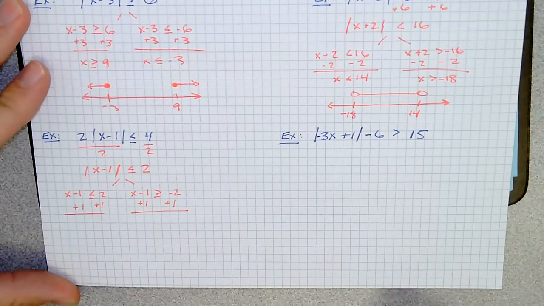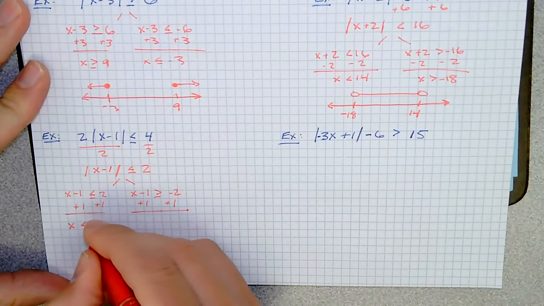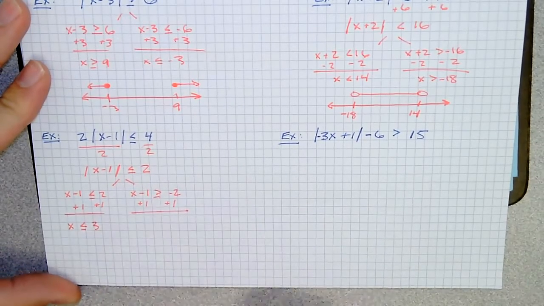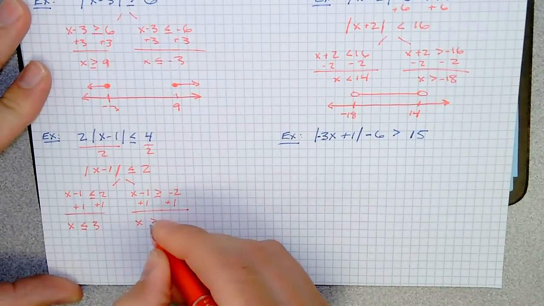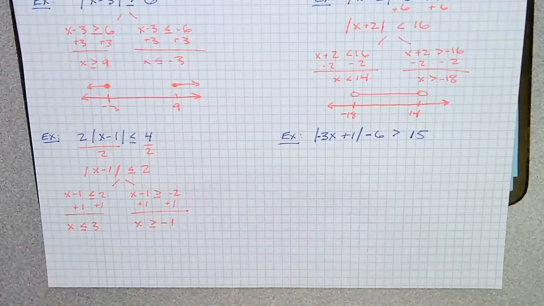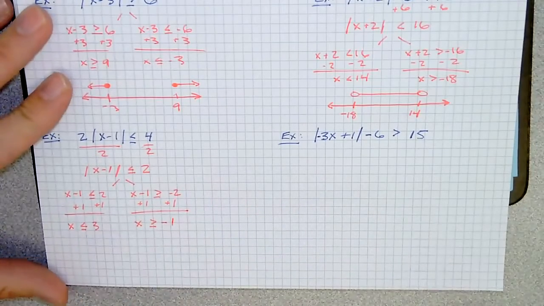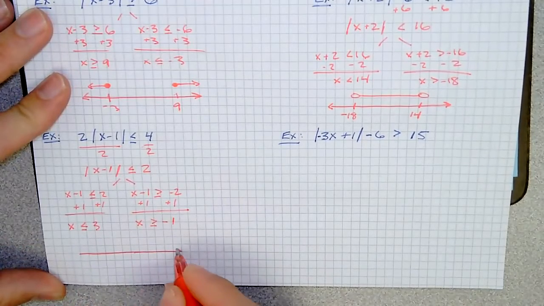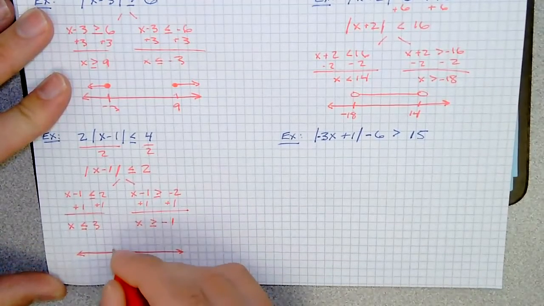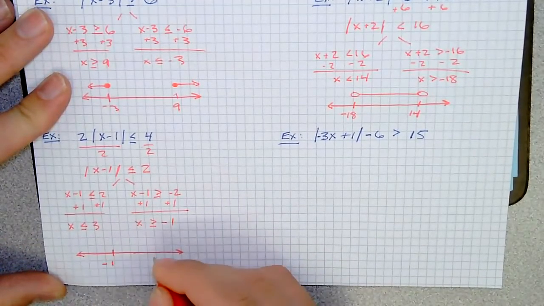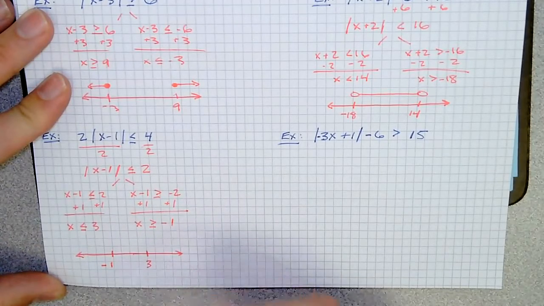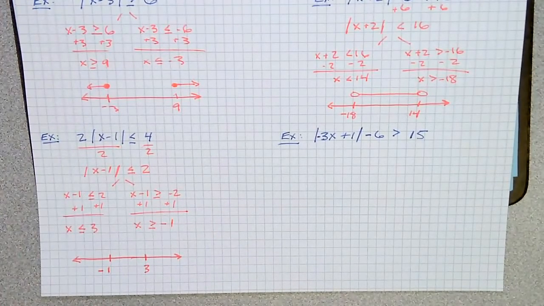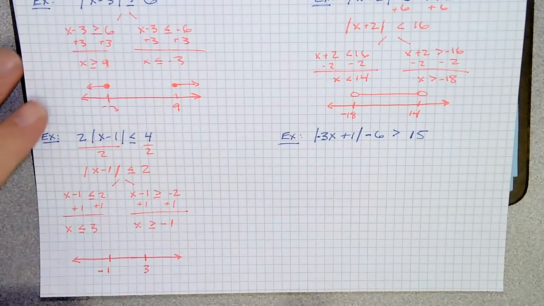Add 1 across the board. x is less than or equal to 3. x is greater than or equal to negative 1. Okay, so I got my boundary points there.